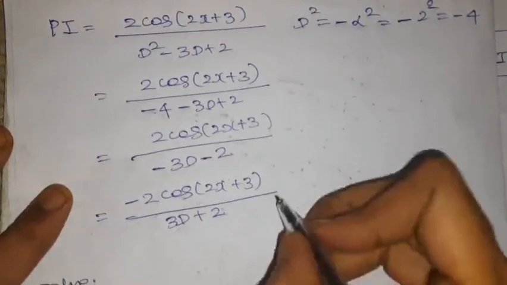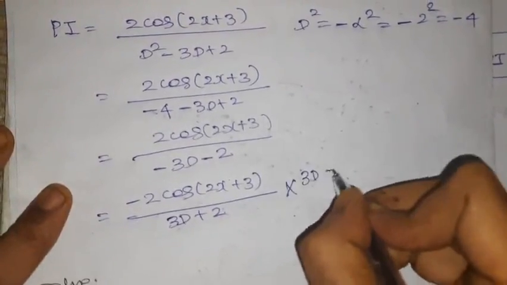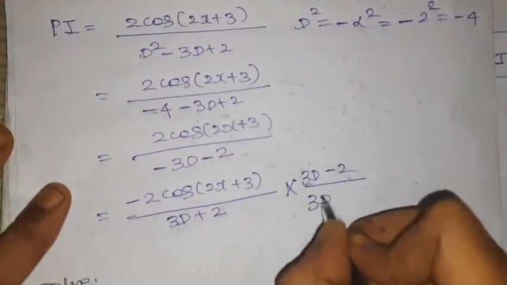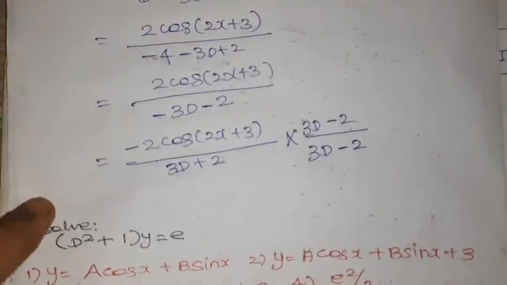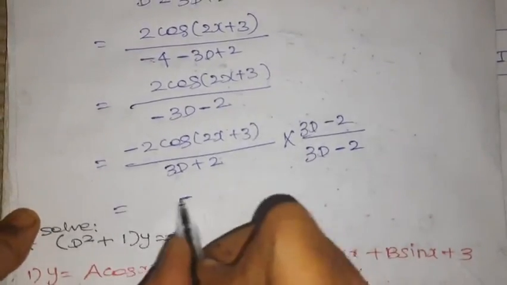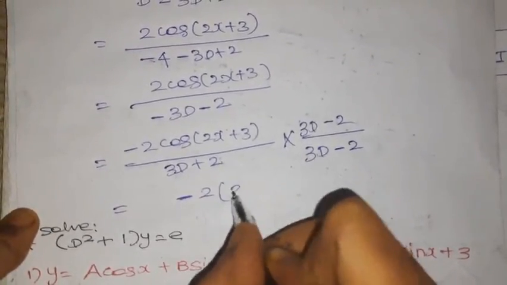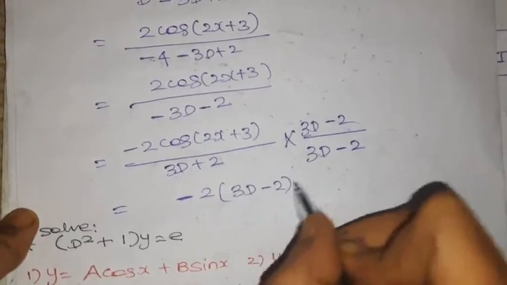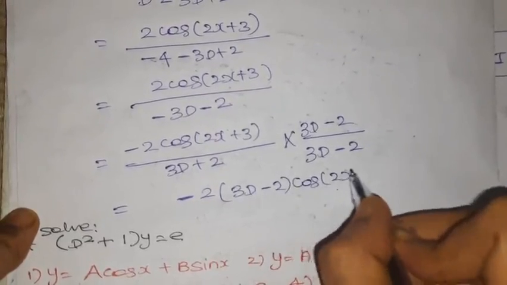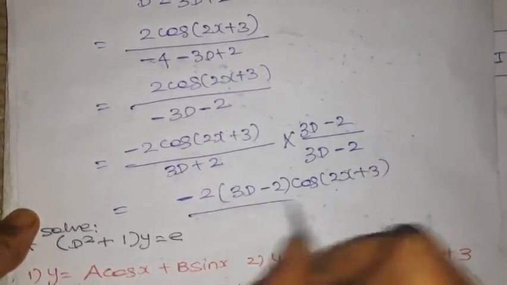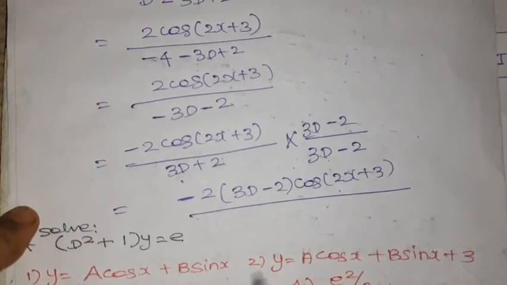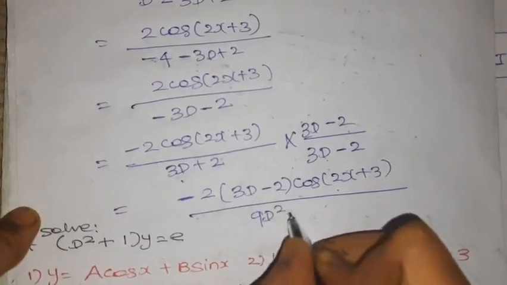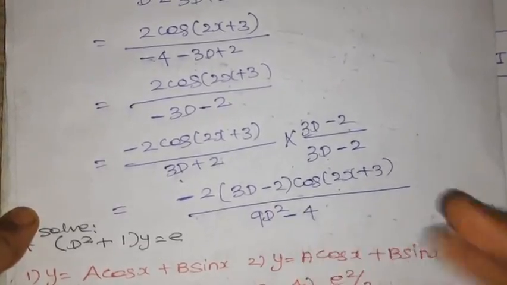So 3D plus 2, we need to multiply by (3D minus 2) in the numerator and denominator as well. So whenever doing this, what we will get? Minus 2 into (3D minus 2) of cos of (2x plus 3) divided by (a plus b)(a minus b), which is nothing but a squared minus b squared. So 9D squared minus 4.